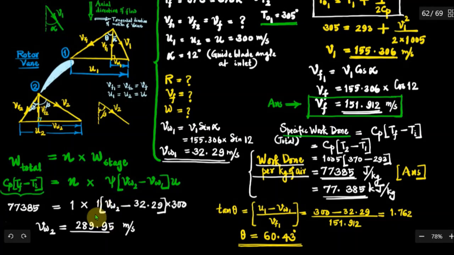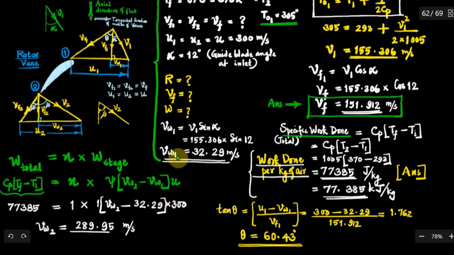If it is not given, you assume that the work factor is 1, into VW2 minus VW1, we found out 32.29. So into U, U is also given, the tangential velocity of the rotor blade at inlet and outlet, they are equal, that is U, also called peripheral velocity at inlet and outlet.